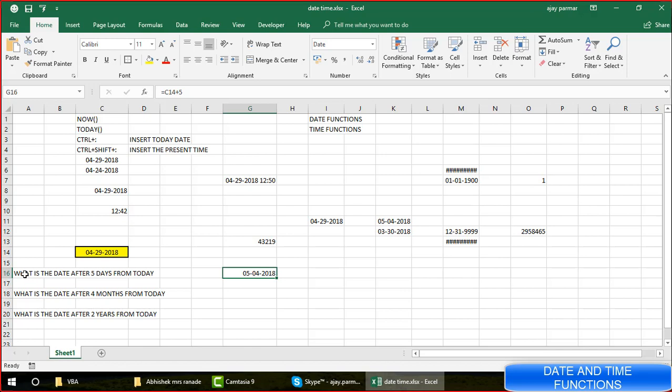What are those functions? Let's start. First I will introduce you to the date function. Before the date, we will talk about the day, month, year, and finally date. These are the functions. Let's start this.